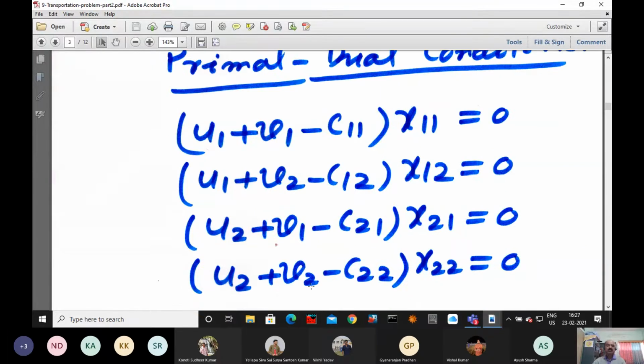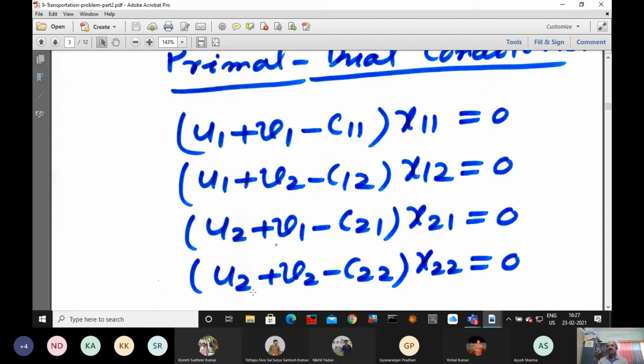For the last pair, we have u2 plus v2 minus c22 into x22 equal to 0, so either u2 plus v2 minus c22 equal to 0 or x22 equal to 0. So this we have got.